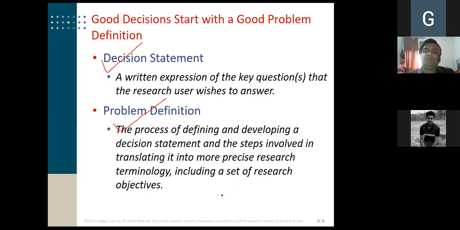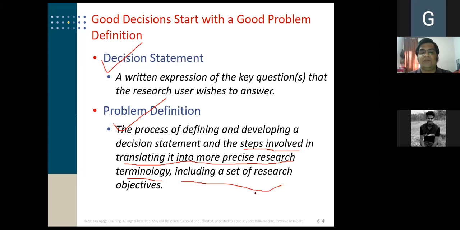So the process of defining and developing a decision statement and the steps involved, please read it very carefully. I have already given you the 6 steps involved in translating it into more precise research terminology, including a set of research objectives.